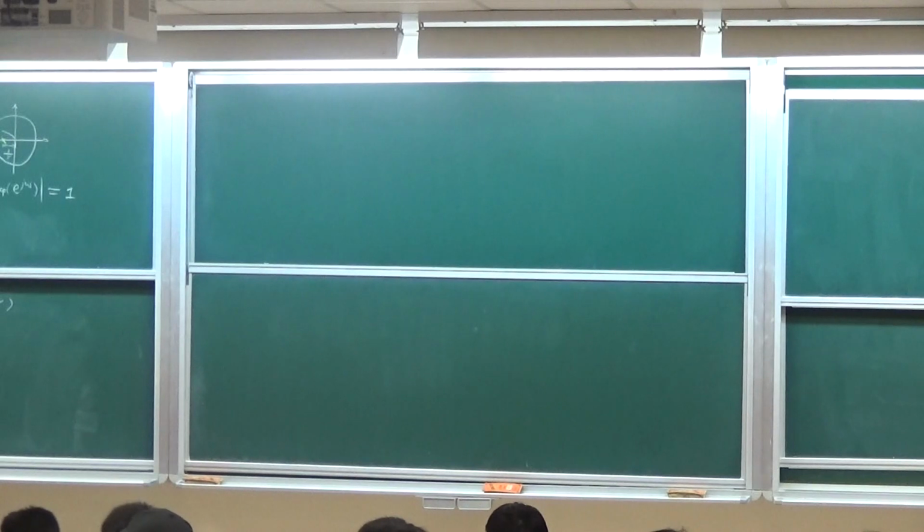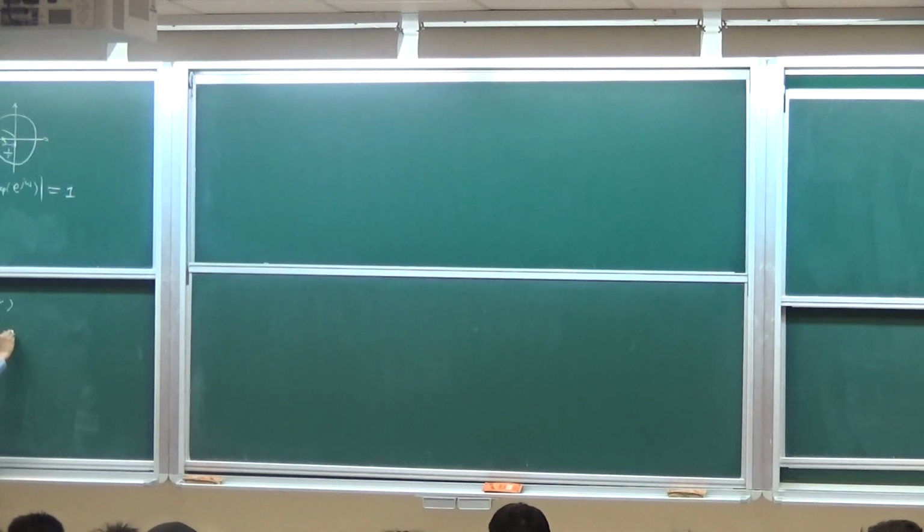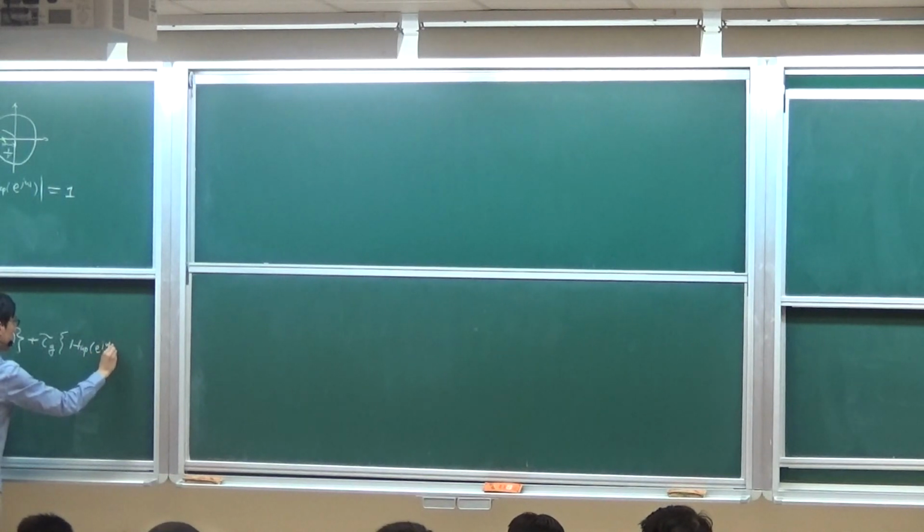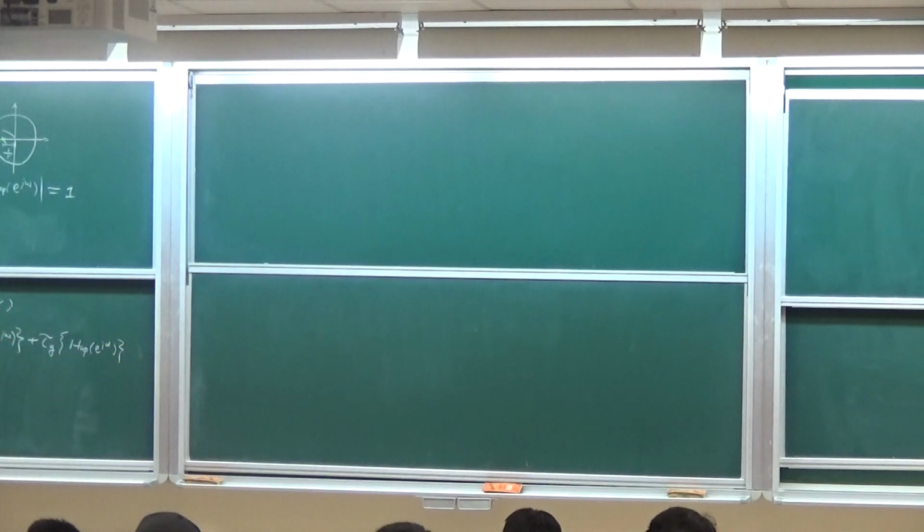This group delay is also the sum of the respective group delays of the decomposed systems: the minimum phase part as a function of omega, plus the group delay of the all-pass part. And your homework is due today, right?